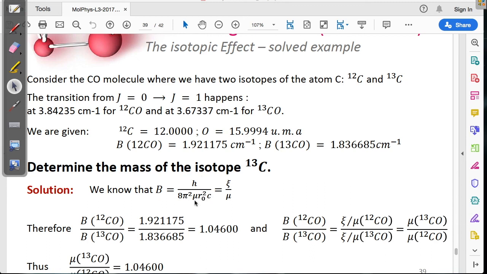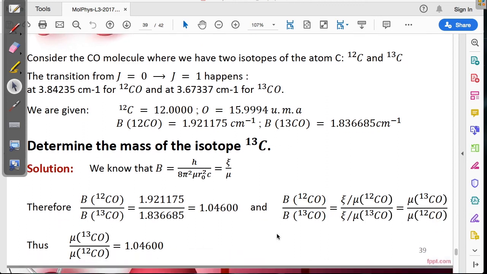Only mu will be different between the case where C was 12 and when C was 13. So I'll call this h over mu, corresponding to C12 and C13, and if I divide them, I get that the ratio of the B of the first case to the B of CO13 is nothing else than mu of CO13 over mu of CO12. So I have the relation between the reduced masses of the two cases.